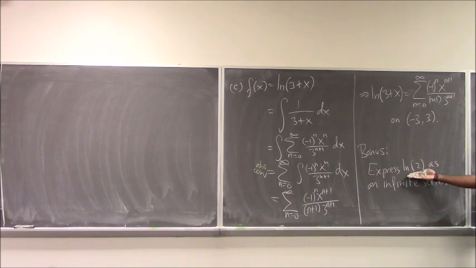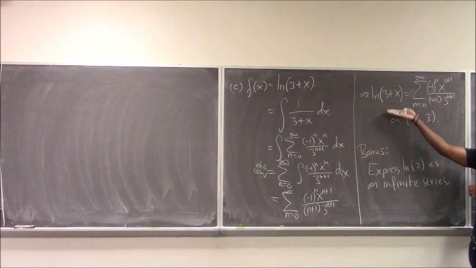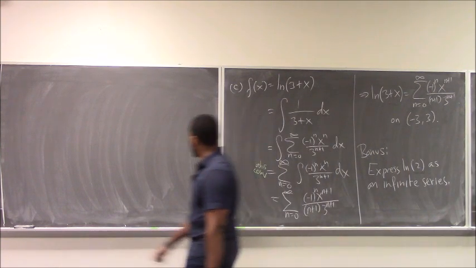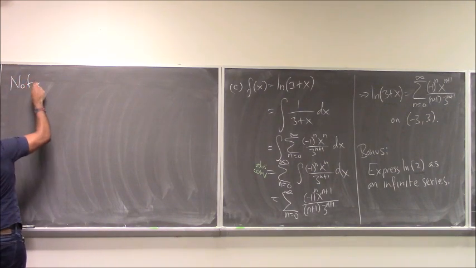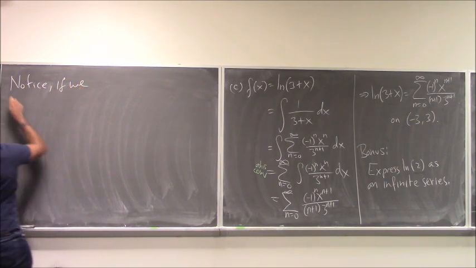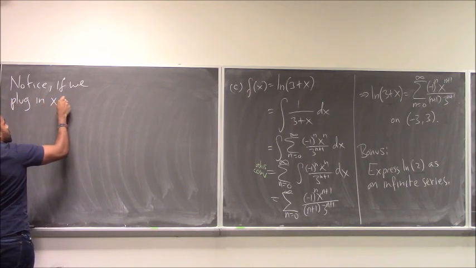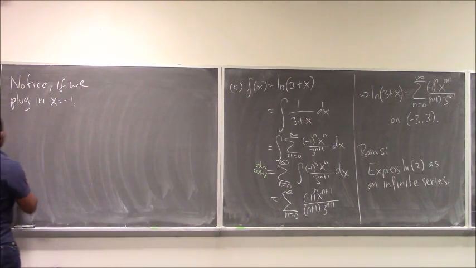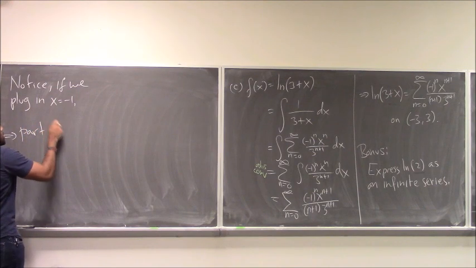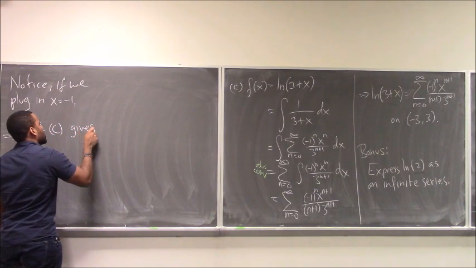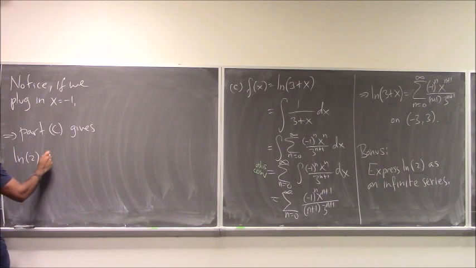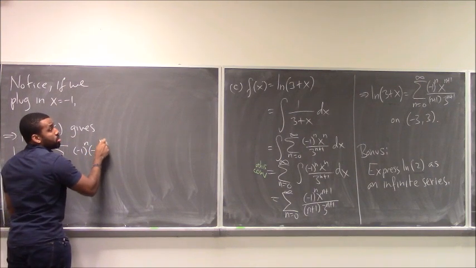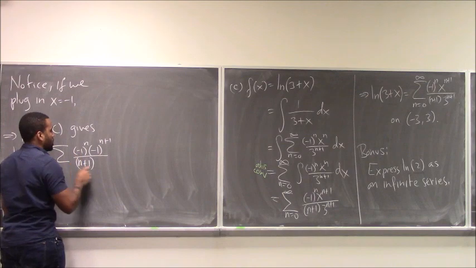Ask you about ln2. You know about ln of 3 plus x. Is it when x is valued at -1? You plug in x equals -1. Notice, if we plug in x equals -1, which is completely valid, that is between -3 and 3, then part C gives that ln of 2 is going to be equal to the series of -1 to the n, -1 to the n plus 1 over n plus 1 times 3.